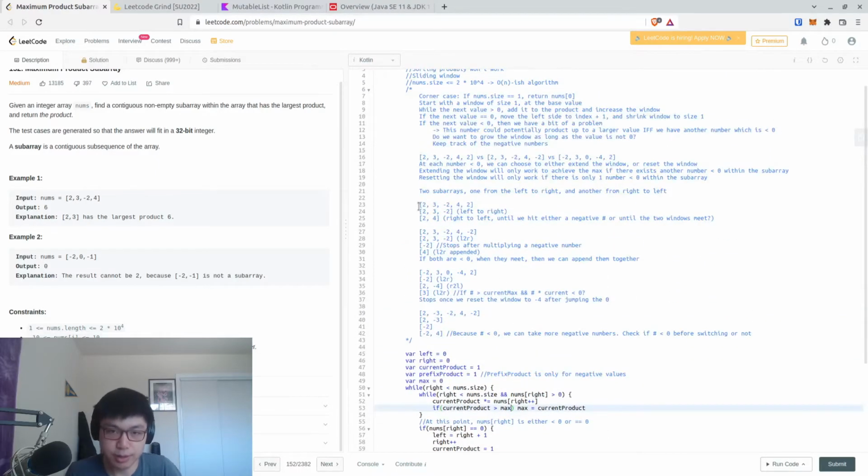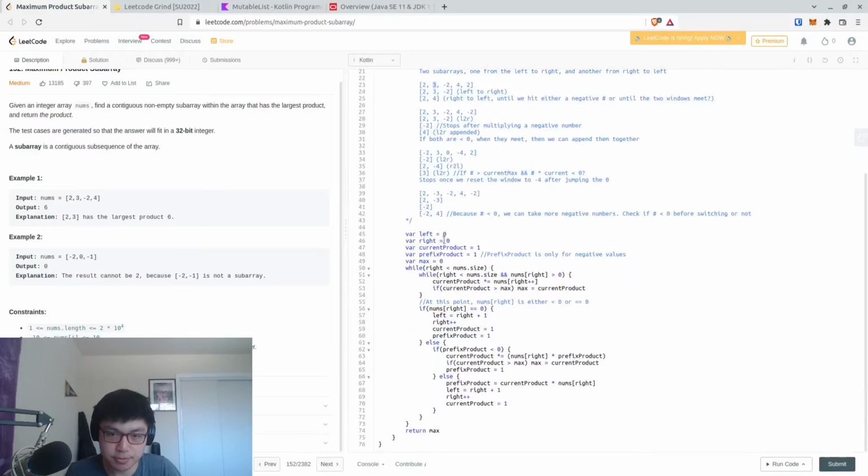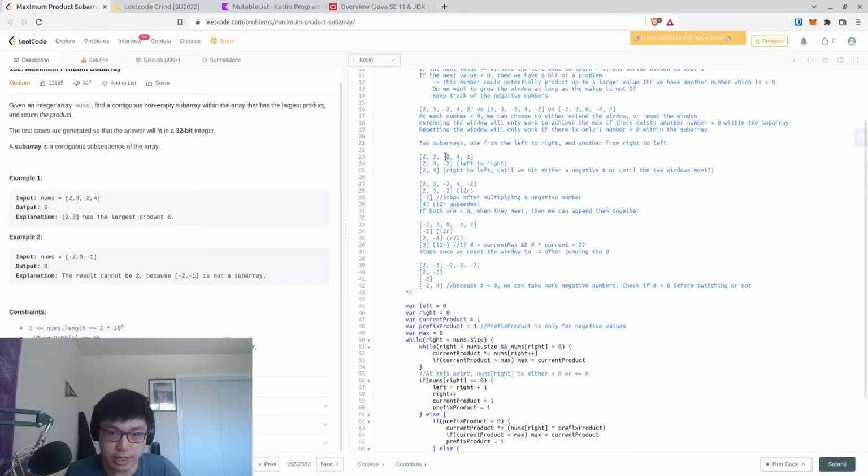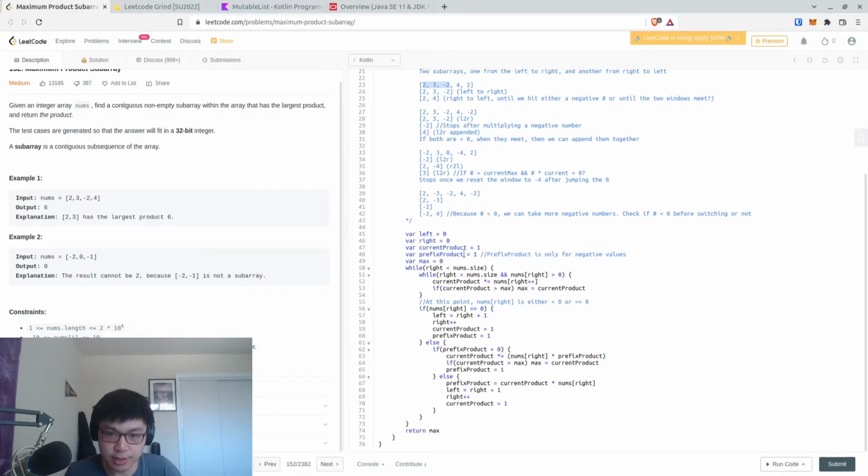So the idea is that we grow. So 2, we grab the 2, 3, we grab the 3. Then we hit the -2. Then we store into prefix product -12. So current product 6 times nums.right, which is -2. Then we set our left to our right plus 1, which is this.